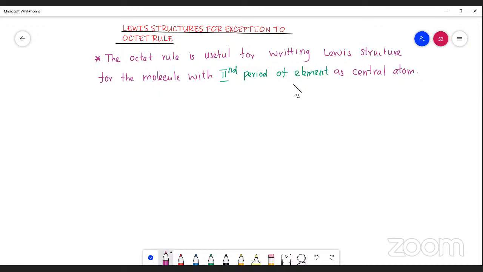What are the elements of the second period in the periodic table? Here it is lithium, beryllium, boron, carbon, nitrogen, oxygen and fluorine. For this second period, the octet rule is perfectly suitable. So, the octet rule is useful for writing the Lewis structure for molecules with a second period element as a central atom.